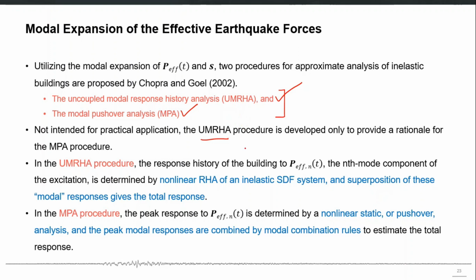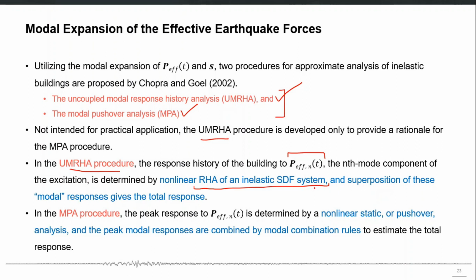It was developed only to provide a conceptual rationale for the modal pushover analysis procedure. The idea in the UMRHA procedure is that the response history of the building to the nth mode's effective earthquake force is determined by the nonlinear time history analysis of an inelastic single degree of freedom system, which represents that particular mode of the building.